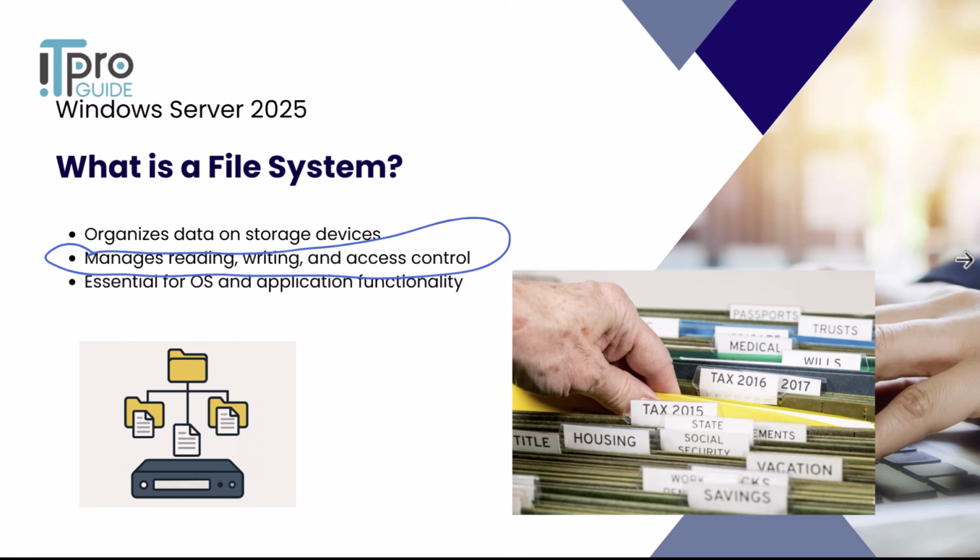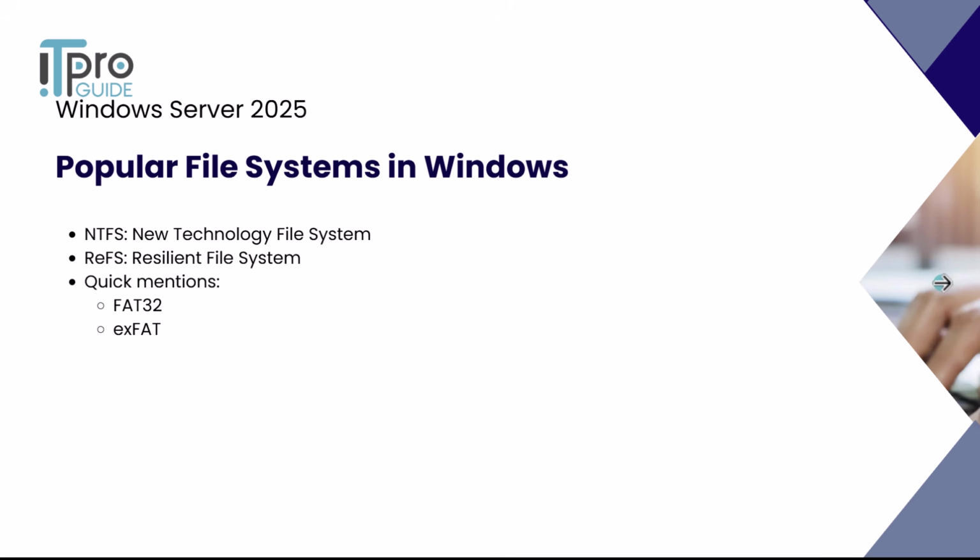The popular file systems in Windows are NTFS and ReFS. These are the advanced file systems that you see today. NTFS has been there for decades. It's a kind of standard, while ReFS is new and designed for modern storage needs. We also have older systems like FAT32 and exFAT for legacy and portable media.